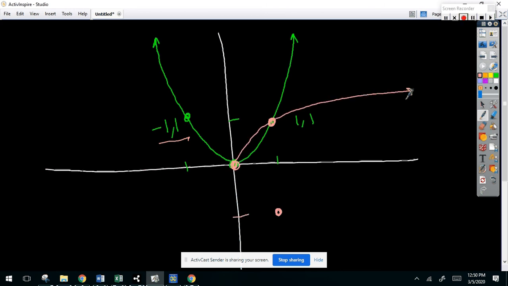What's happened to my parabola? It went on its side. It turned, a rotation. That's exactly right. Where the y-axis was, it became the x-axis. So it just switched x and y. That's what it means to be inverses.